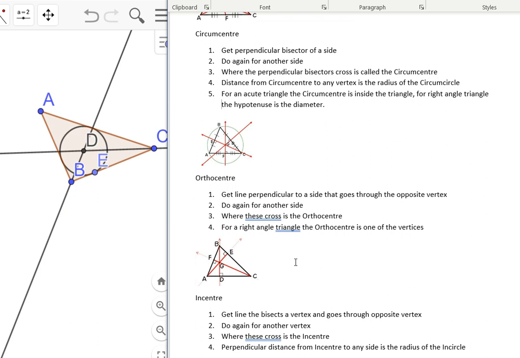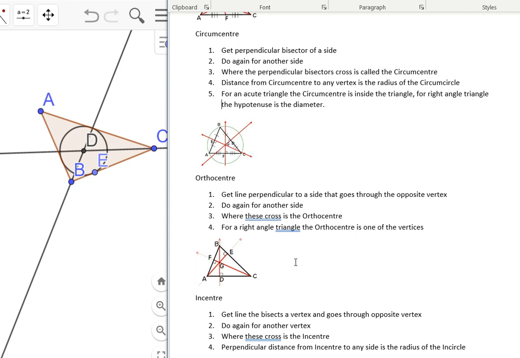So this is one of the reasons why this is a really good project, these questions, because it links together constructions and algebraic steps. So if you can think through how you would construct the circumcenter, then you can do the algebra of how to do the circumcenter.